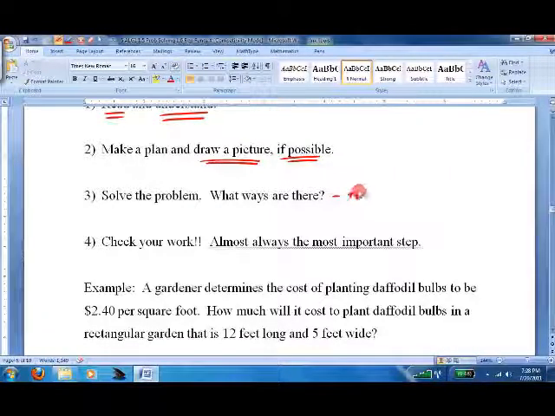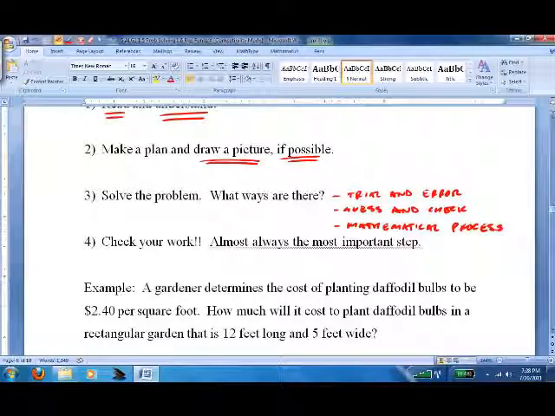You've got trial and error, guess and check, mathematical process. And that's the one we'll use whenever we can, but not the only way and not always the best way to solve a problem.